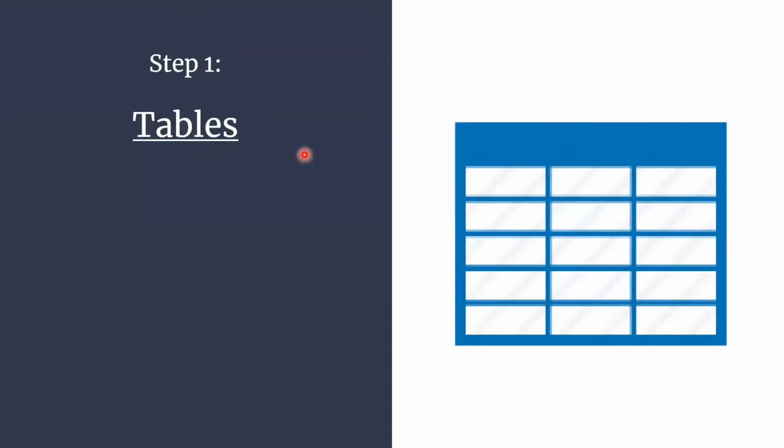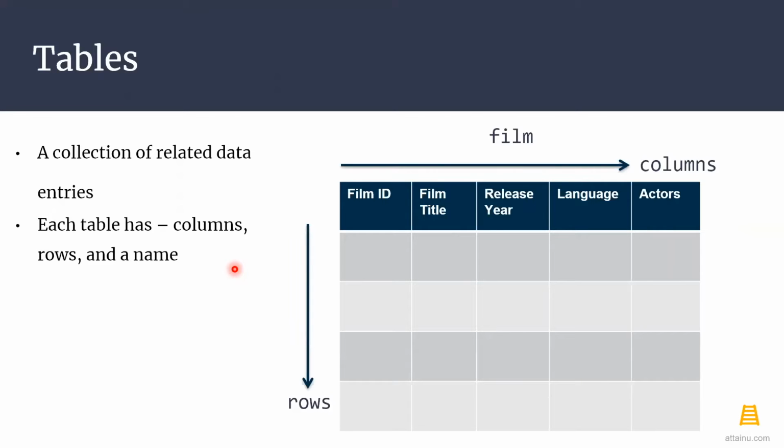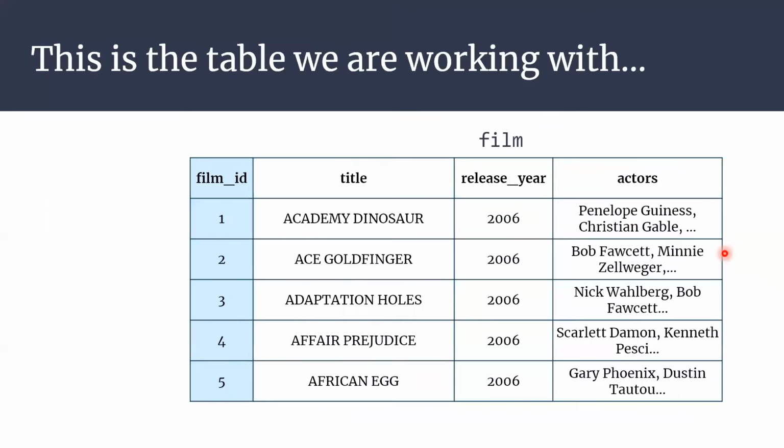Just a quick recap of tables. You already know that a table is a collection of related data entries, and each table has columns, rows, and a name. So this table is named film, and it has these 5 columns. This is the kind of table that we will be using in the example for this video.